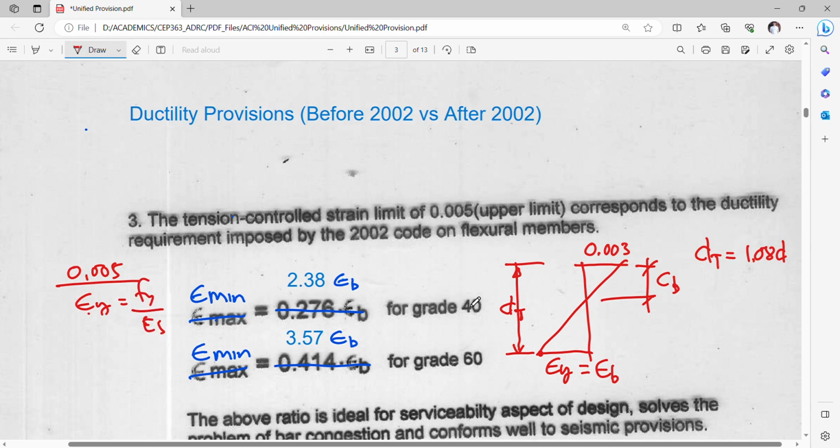So for grade 40, if you want to compute it, you will get 2.38 of epsilon balance. And if you want to get the minimum steel strain that we need for this limit to be satisfied, then we can simply divide grade 60 over your modulus of elasticity, which gives you this ratio. Okay, so again, I'm sorry for the error in the computation here.